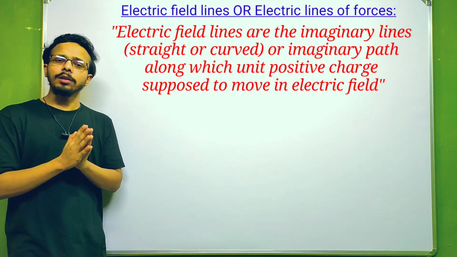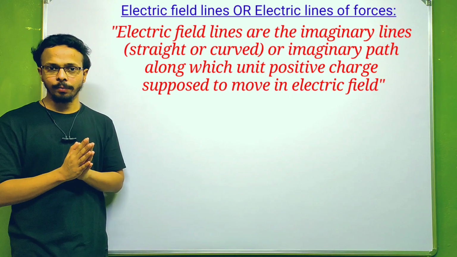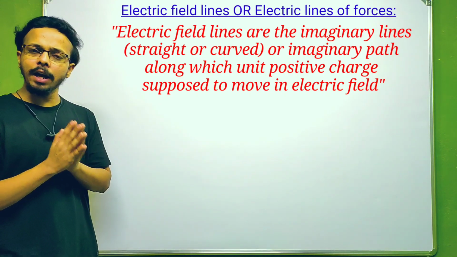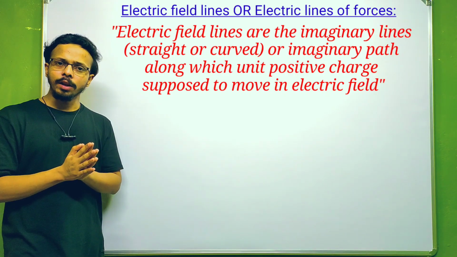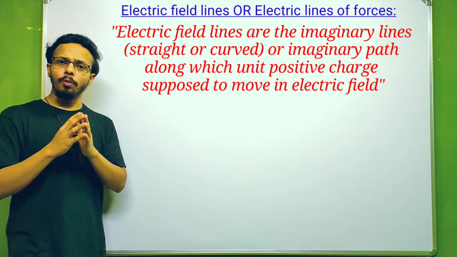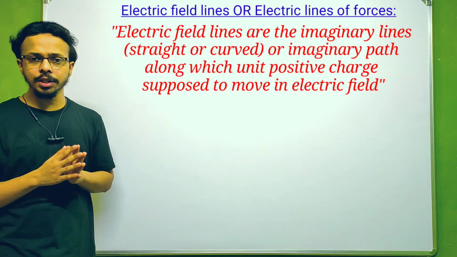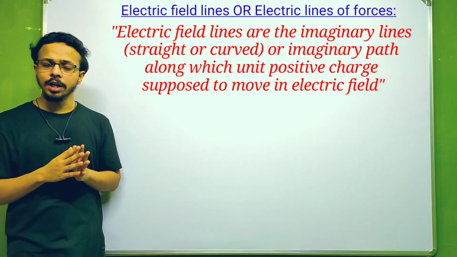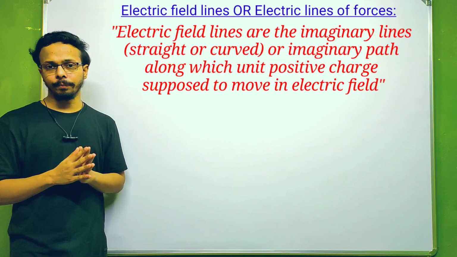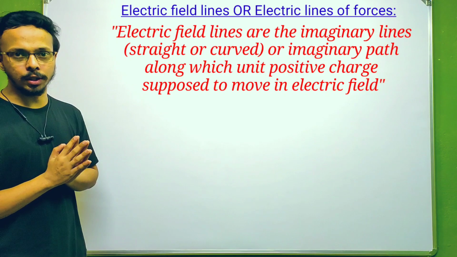These lines or paths may be straight or may be curved. They are the imaginary path along which a unit positive charge, also called a test charge, is supposed to move. This is known as electric field lines or electric lines of forces.